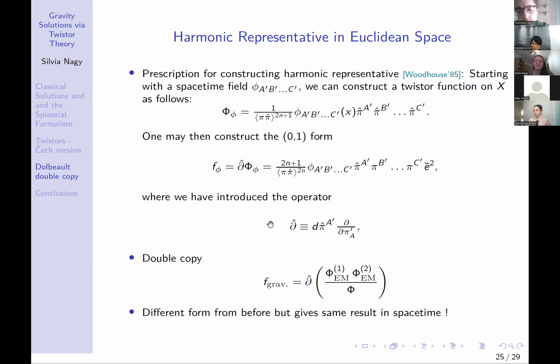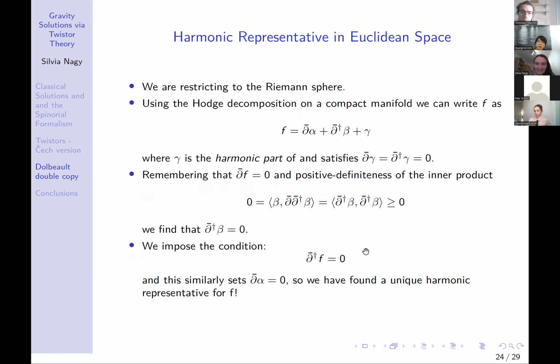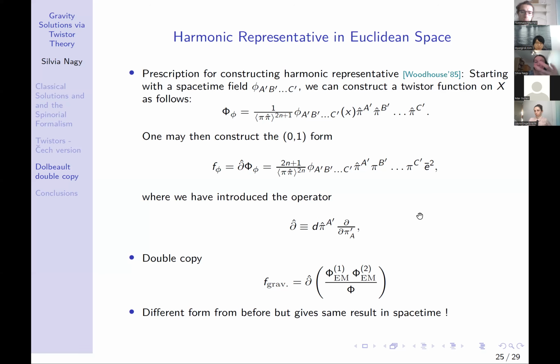So we just call this partial hat, and then I get this f guy here. And it turns out one can show that this f is a good Twistor representative for the types of space-time fields that I'm looking for. And it is harmonic, so one can show that it satisfies this condition, and hence it is also a unique choice for the Twistor representative.